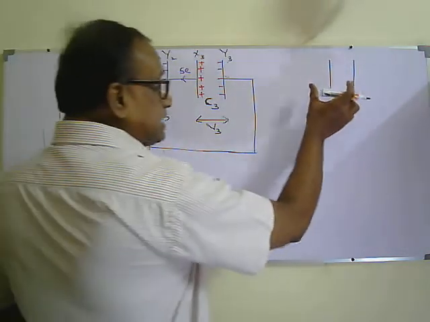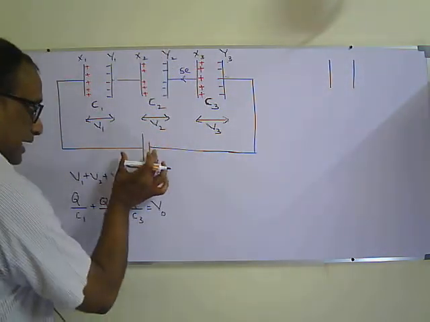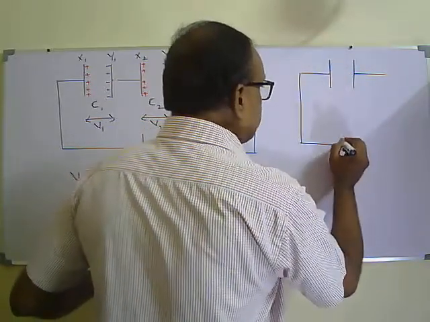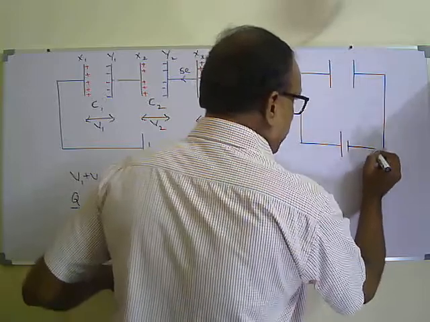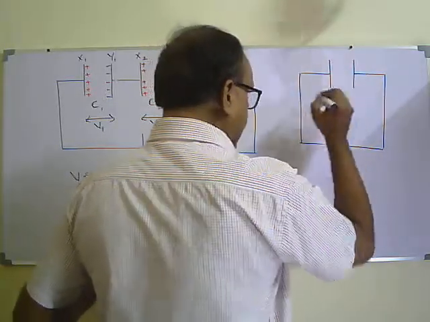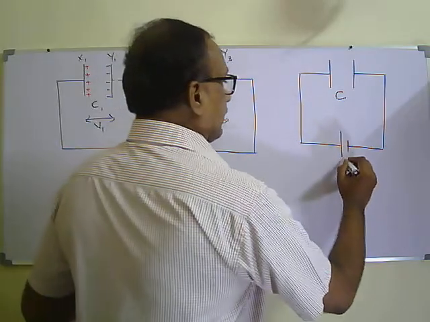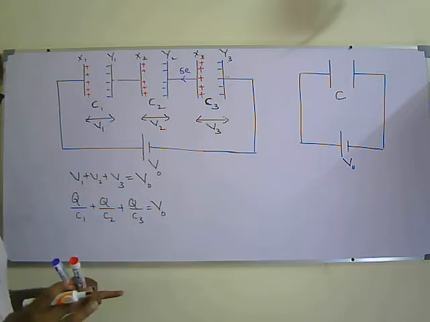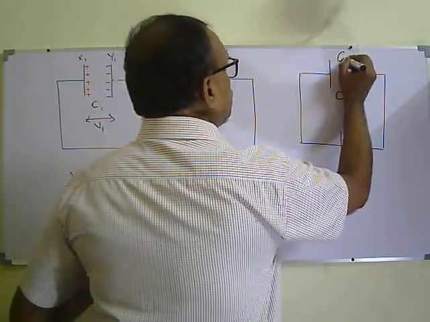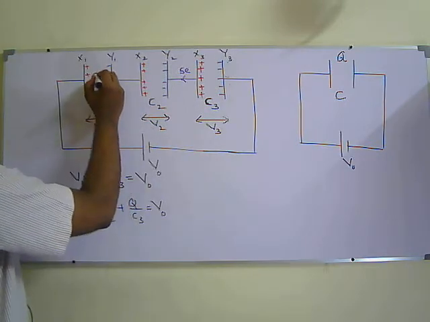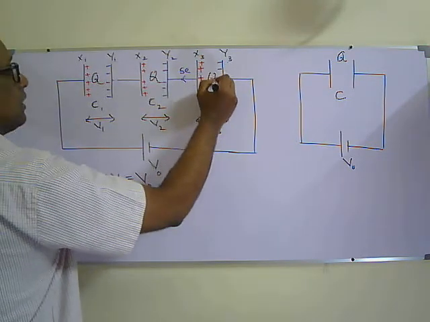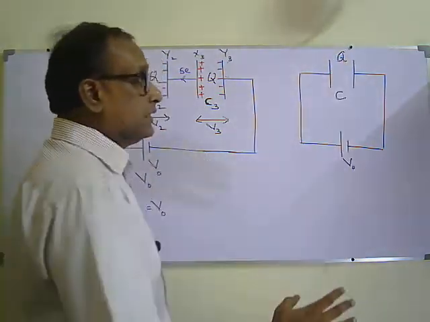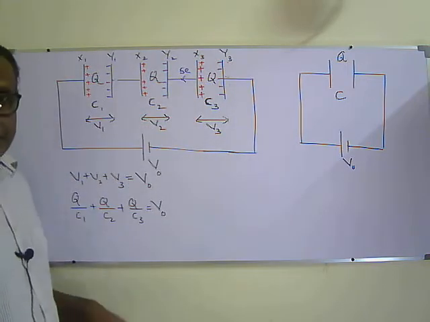When I connect this particular capacitor C to the same DC power supply V0, if the charge flown in the circuit is also equal to Q, the same charge Q, then I can call this capacitor equivalent to all these three capacitors.